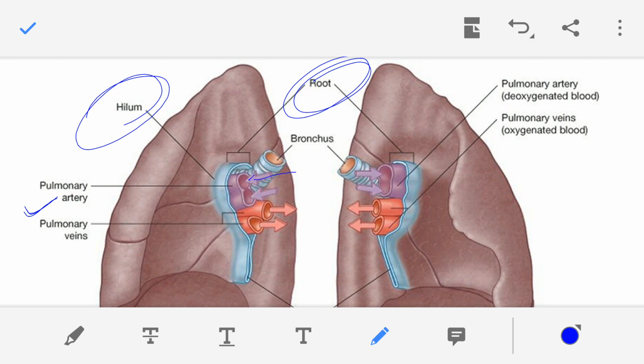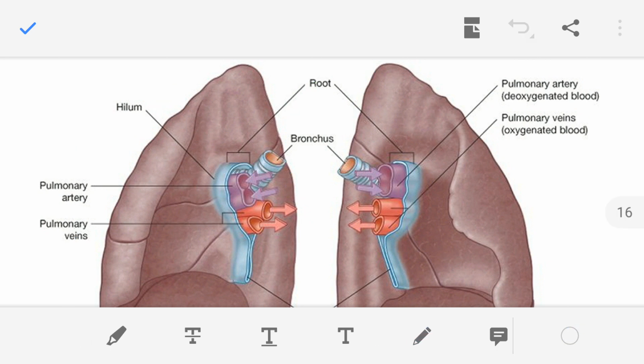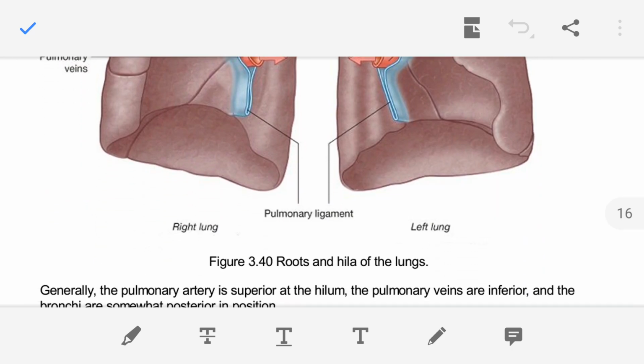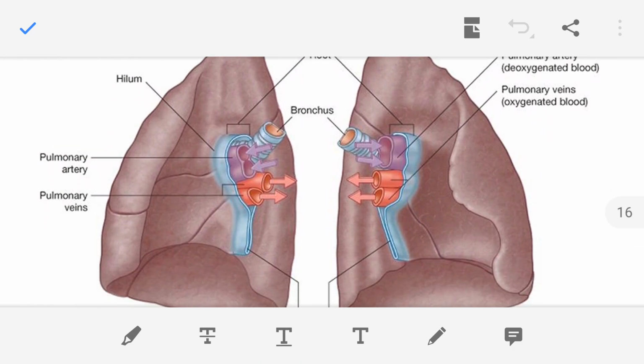So the arrows are shown inside, and the pulmonary vein carrying the blood from the lung outside. So the arrows are shown red in color and they are pointed outside. So figure: roots and hila of the lungs. Okay.